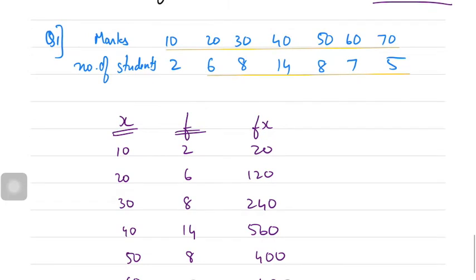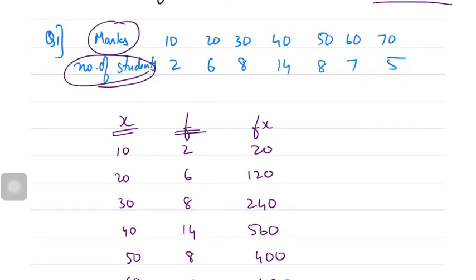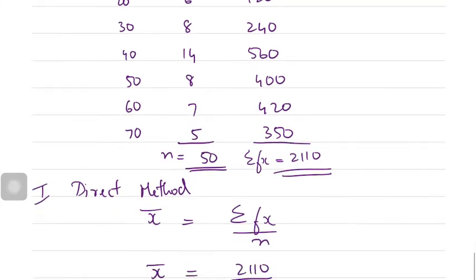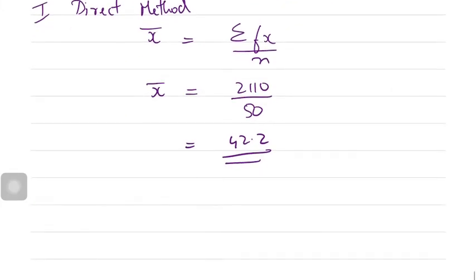In discrete series, variable and frequency is given. There are two more methods. The second method is shortcut method. It is also called as deviation method.